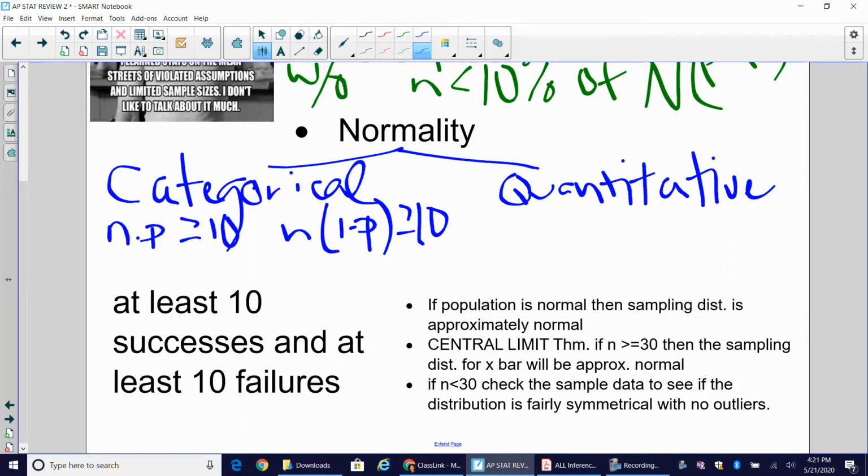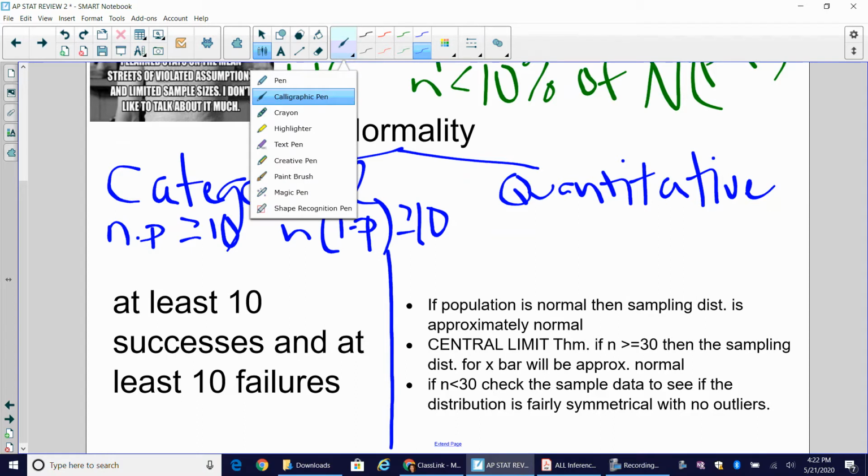Each sample has to have at least 10 successes and at least 10 failures in order for your sampling distribution to be approximately normal. Then we look at quantitative here. Quantitative, there are options. You still need to have a certain sample size in order to use the central limit theorem.